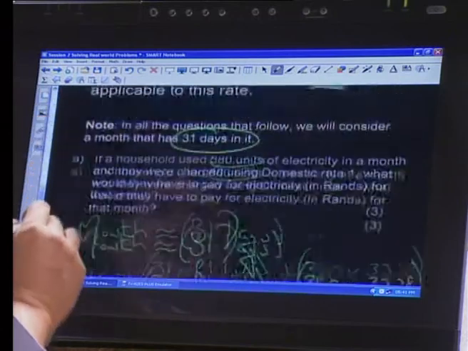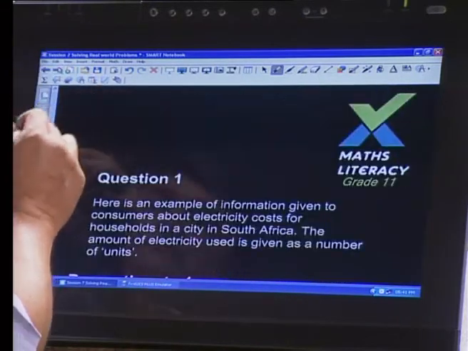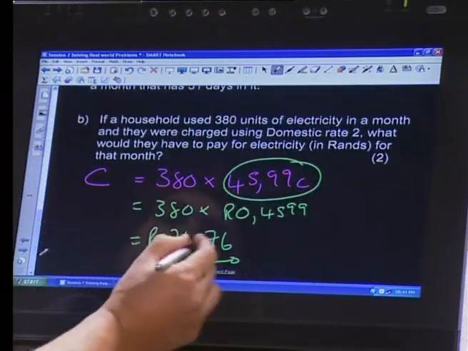Which was better? Let's go back to our previous page. 171 Rand 72 or 174 Rand. In this case, guys, it was better to use rate number 1, wasn't it? But at some stage, it's going to be better to use rate 2, right? At what stage?